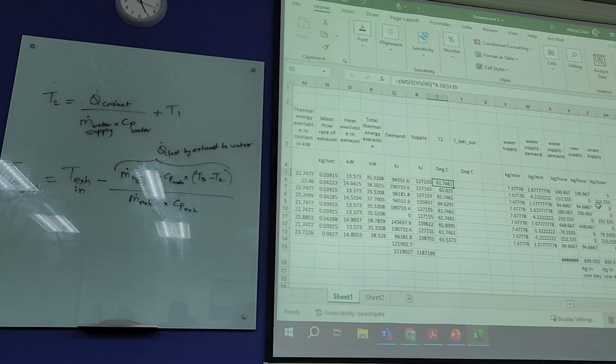So no, it's not changing. Density of water. It should be divide by density. Just delete that out. It was just a check for us.